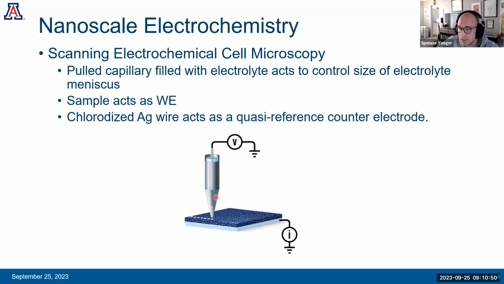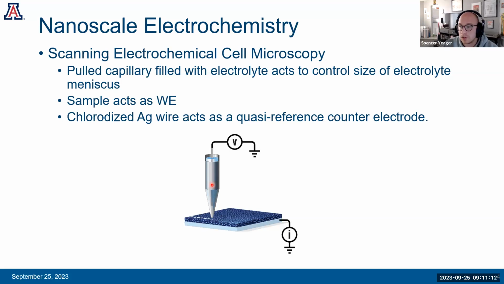The sample acts as the working electrode, and a chloridized wire is inserted into the capillary to act as a quasi-reference counter electrode. So you can do these electrochemical measurements at the nanoscale.